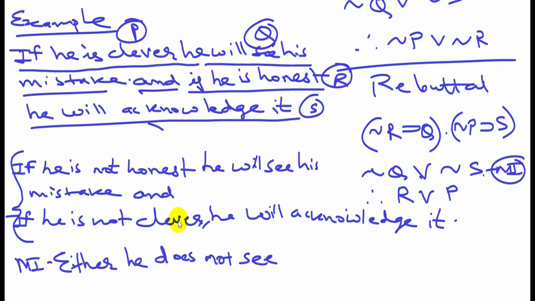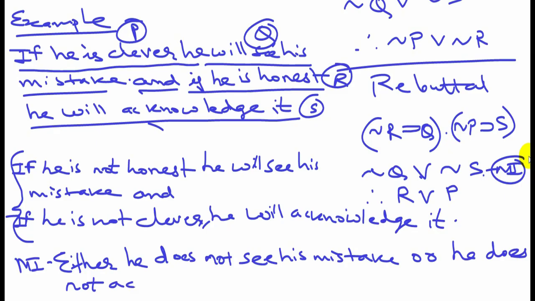Either he does not see his mistake, or we go to negating the S, or he does not acknowledge it. Then comes the conclusion.